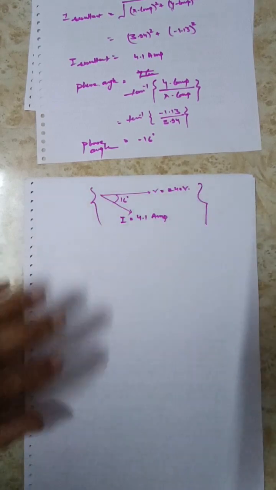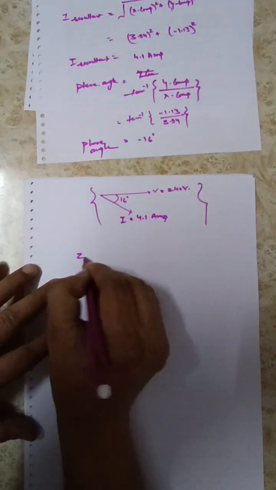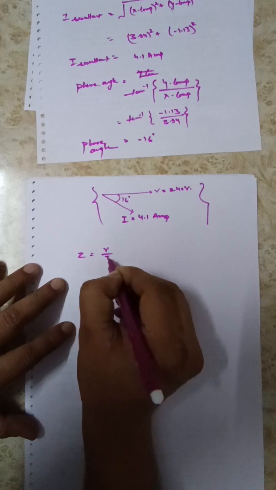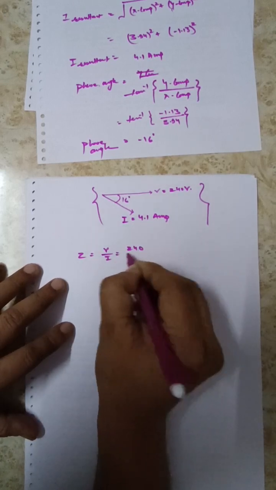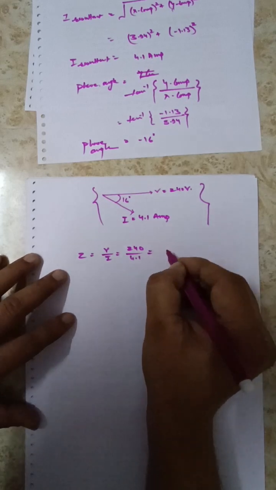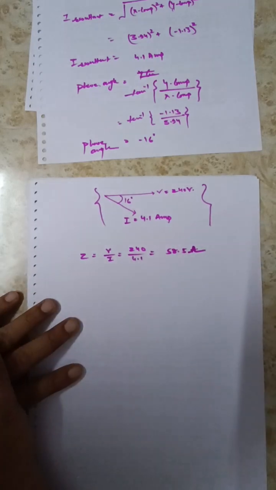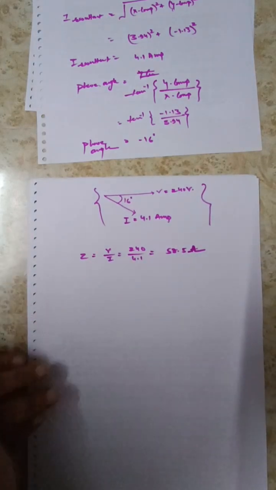Here it is your phasor diagram. Now what will be the overall impedance of the circuit? Z will be equal to V upon I. V is 240 volt. Current we have calculated 4.1 ampere. So overall impedance will be 58.5 ohm. So it will be your impedance.